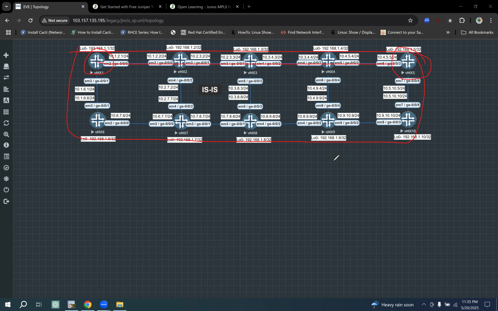If you use RSVP, you can implement traffic engineering. But by default, if you have not yet deployed any traffic engineering, RSVP also sends packets through the IGP next hop or IGP based path.